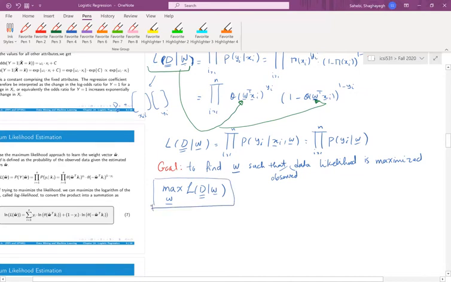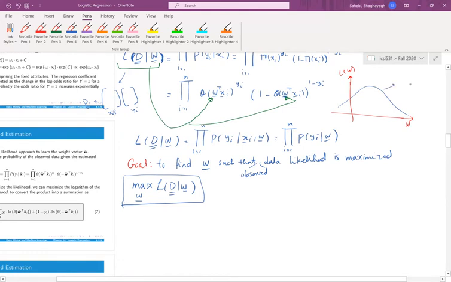Now that I have this objective function, similar to when we wanted to solve this problem for linear regression, suppose that I have a function like this, and I'm looking for a W, and this is my likelihood function, L of W. If I'm looking for a W that maximizes this likelihood function, and it's a simple function like this, we would take the derivative of L of W with respect to W and set it to 0.